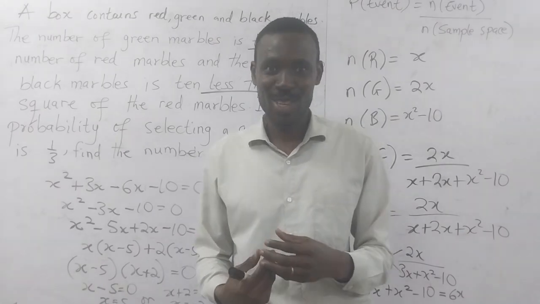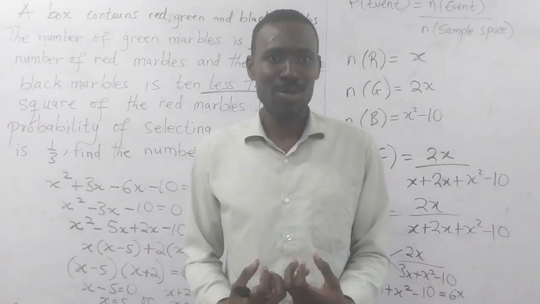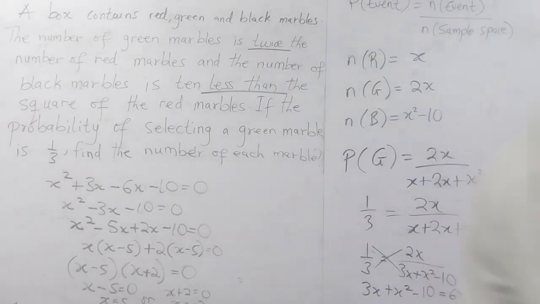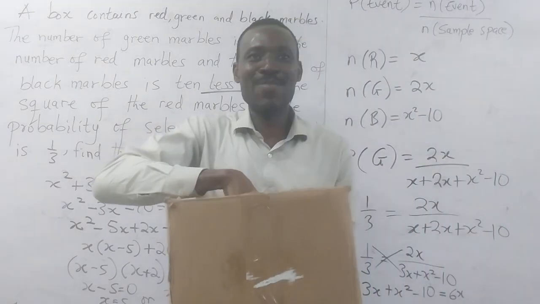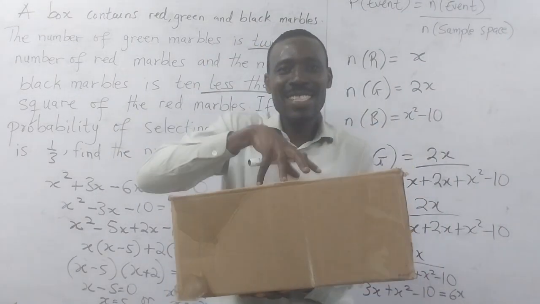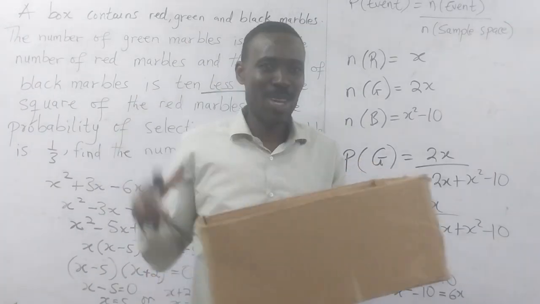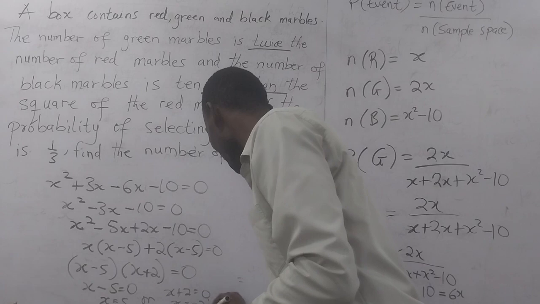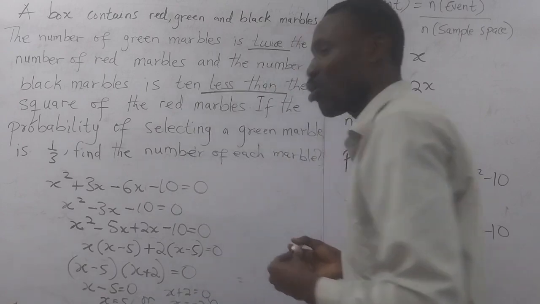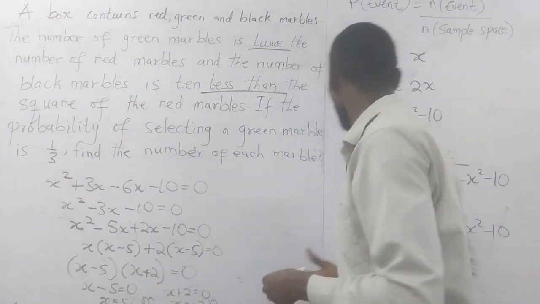We presume they are mere marbles. So assuming there are marbles in this box, we cannot have a negative marble, so we select the positive part and ignore the negative. So automatically the 5 will be the right one.